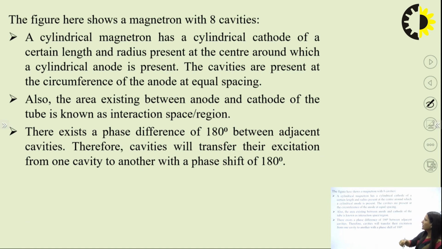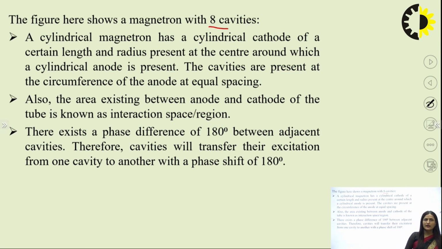In the last figure it was an 8 cavity magnetron. 8 cavity means the number of anodes present is 8. A cylindrical magnetron has a cylindrical cathode at the center of a certain length and radius, around which a cylindrical anode is present. And the cavities are present at the circumference of the anode at each spacing.